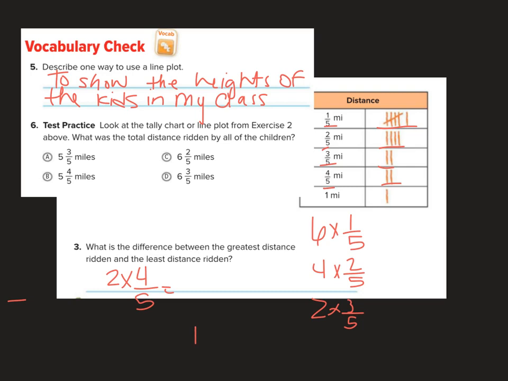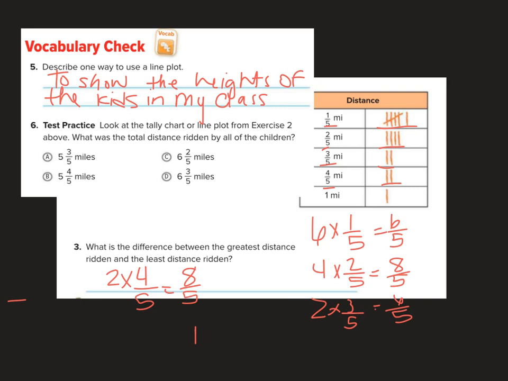So let's do 2 times 4/5. 2 times 4 is 8/5. 6 times 1/5 is 6/5. 4 times 2 is 8/5. 2 times 3 is 6/5.